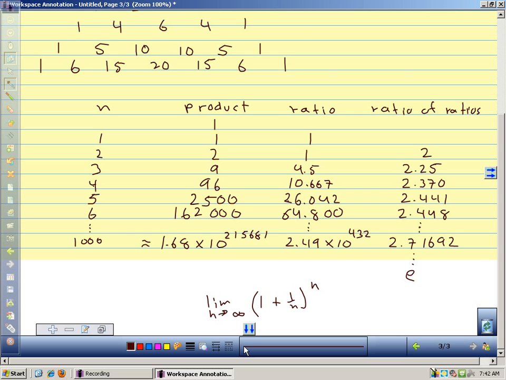Is that where e came from? This is e. e actually originally came from calculating continuously compounded interest. They were making tables of continuously compounded interest, and they saw that this thing kept coming up. So anyway, I'd never heard this, and I thought that was kind of interesting. So someone did this proof? Yeah.